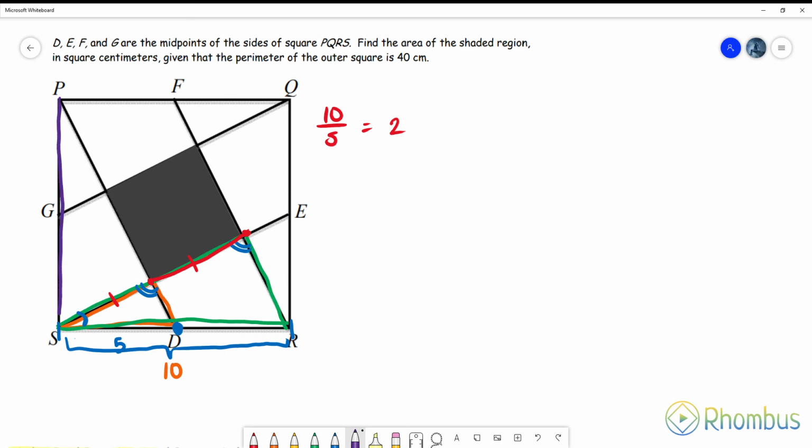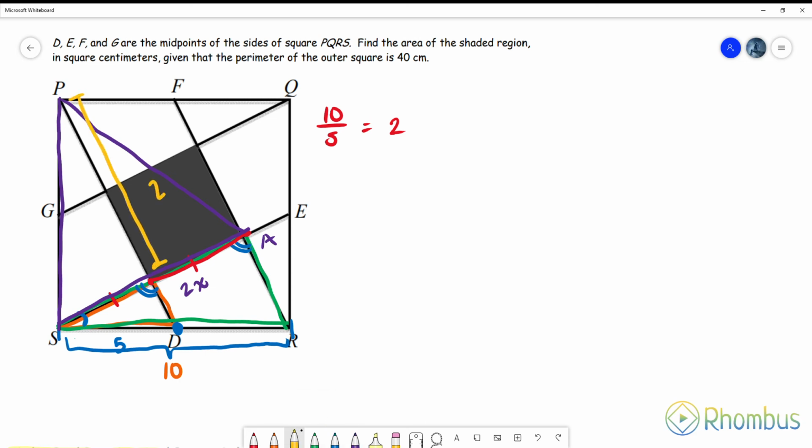So triangle P, S, and then this third point we can just name A, is an isosceles triangle. We know that the base is 2x, we can just name it that, and we also know that the height is 2x.